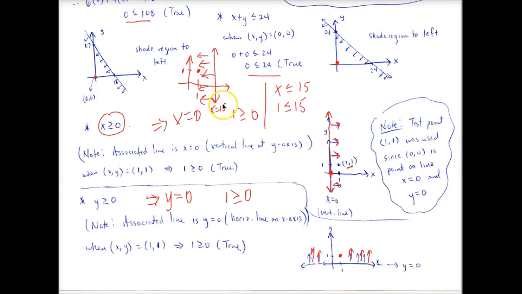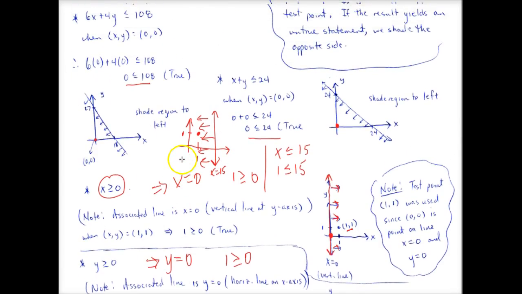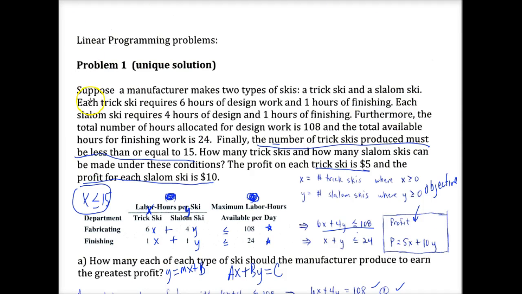Okay. So we'll come back here to the beginning of the problem. And here for this part where it says, finally, the number of trick skis must be less than or equal to 15, we'll just ignore that for now, because I didn't consider that when I first did this problem.